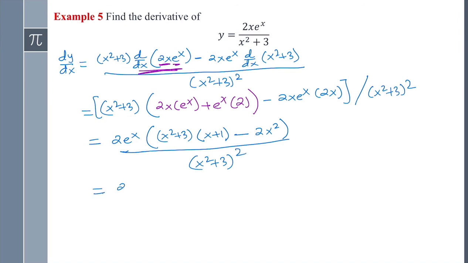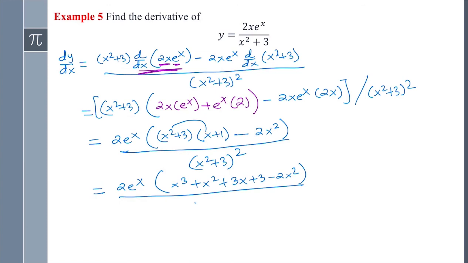Now let's write 2e to the x times, so let's multiply here. x squared times x is x cubed, x squared times 1 is x squared, plus 3 times x is 3x, plus 3 times 1 is 3, minus 2x squared, and then everything divided by x squared plus 3 squared.